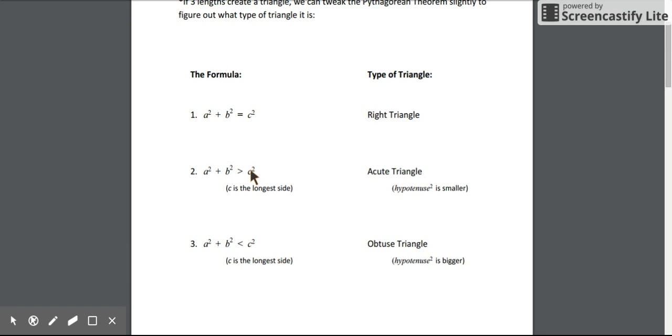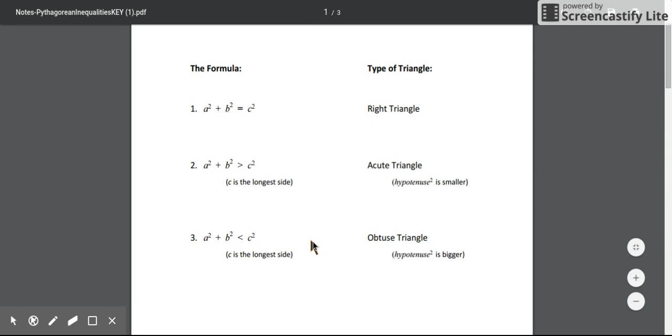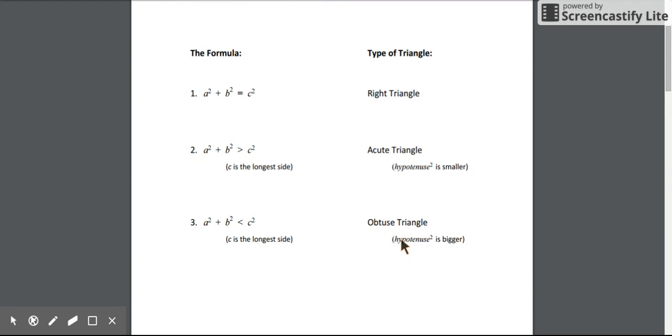If that is a smaller value, think about a small triangle or a small angle, and that will hopefully remind you that that is an acute triangle. And again, over here, if you focus on the longest side squared and that value is bigger than these values over here, then think about a big triangle or a big angle, and hopefully that reminds you that it's an obtuse triangle. So that's essentially what we're doing.